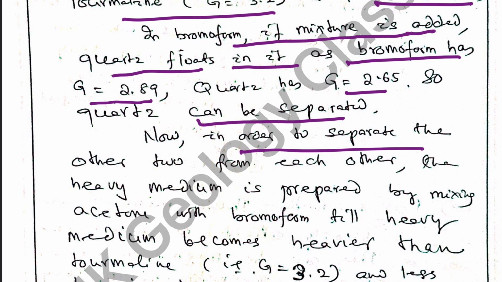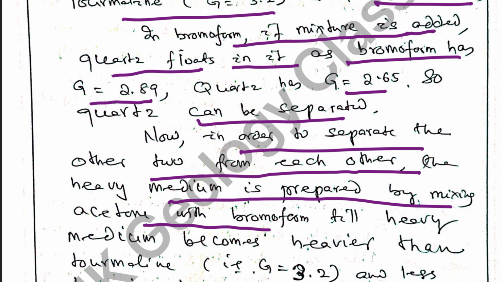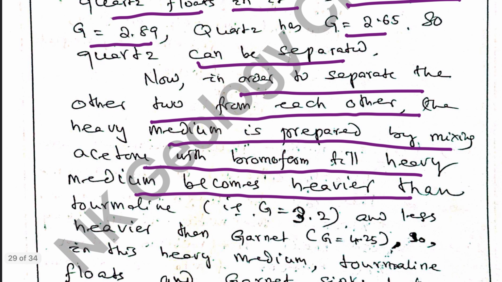Now, in order to separate the other two from each other, the heavy medium is to be prepared by mixing acetone with bromoform till the heavy medium becomes heavier than tourmaline, that is specific gravity 3.2, and lighter than garnet 4.25.